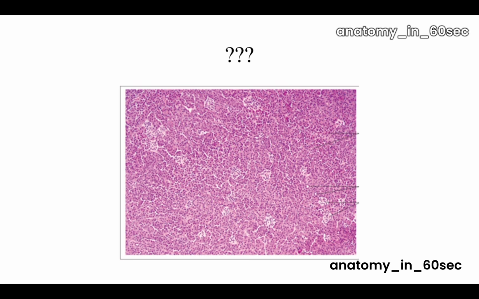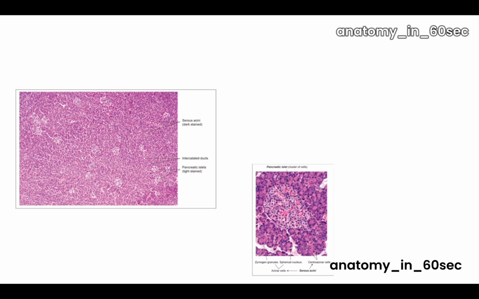What is this slide? I think this will be a bit difficult because the entire slide looks the same. But try to appreciate there are small differences here. Some light stained cells are present. Around that everything is dark stained cells. What I am circling now are all the light stained cells. So in which slide will dark and light stained cells come?